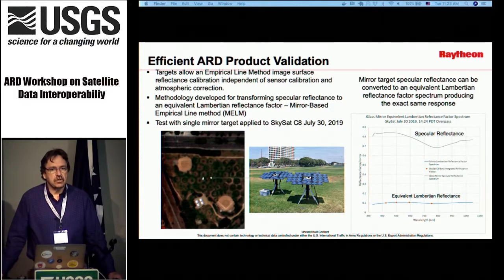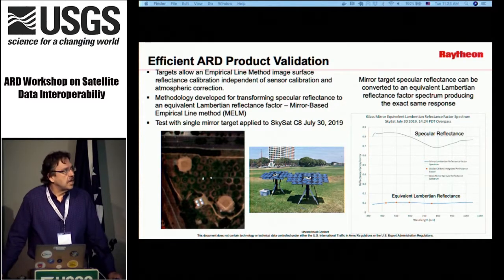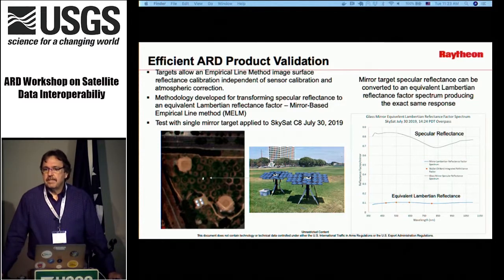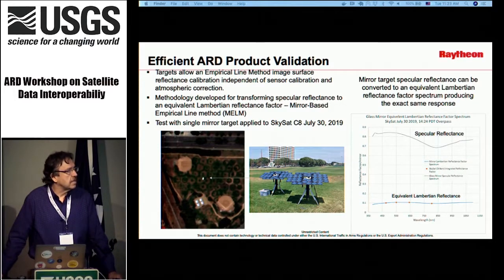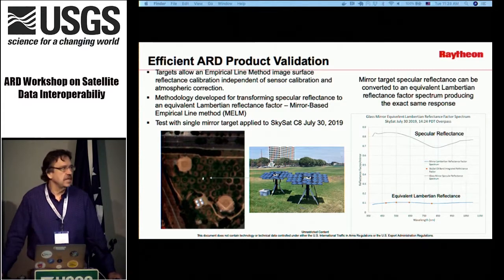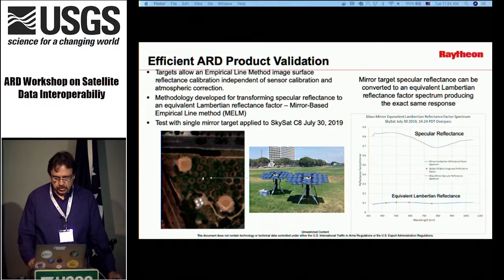And as a result, you can get a calibration independent of whatever your radiometric processing is, your atmospheric correction, or what processing you're using to get your ARD product. This provides a way of validating.